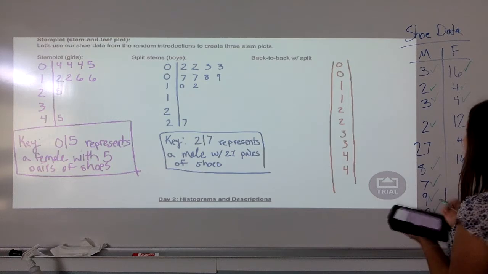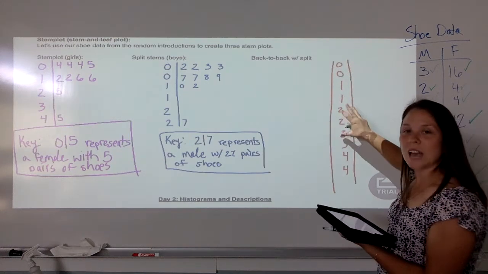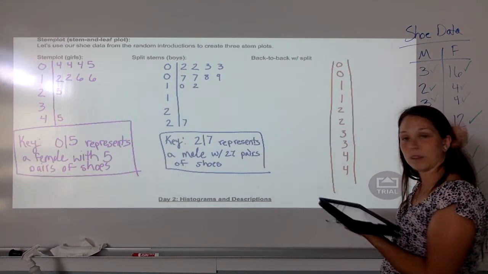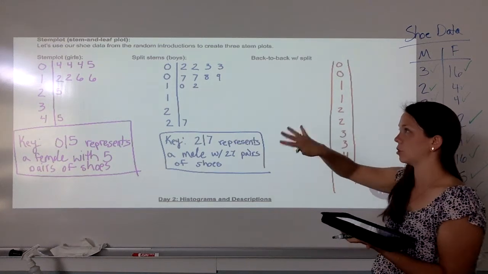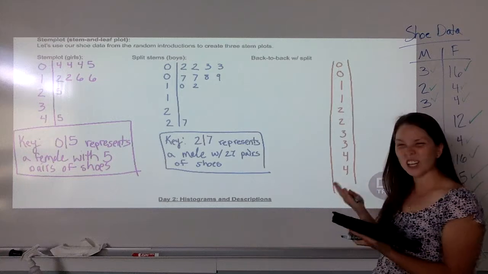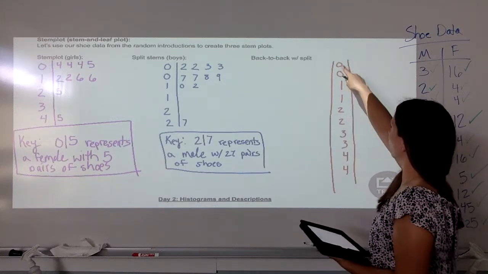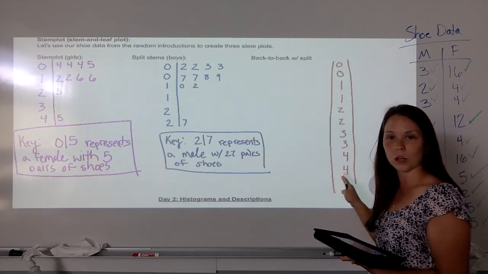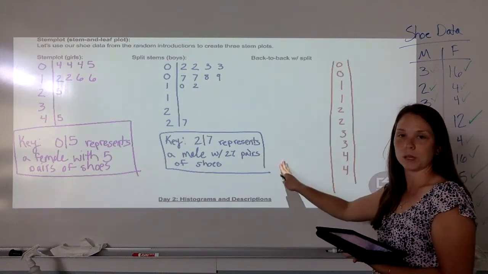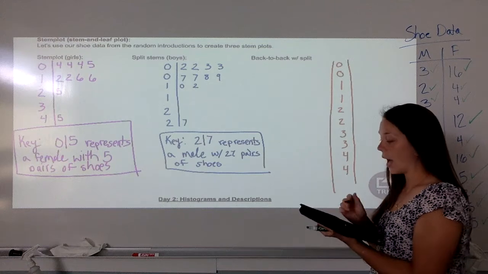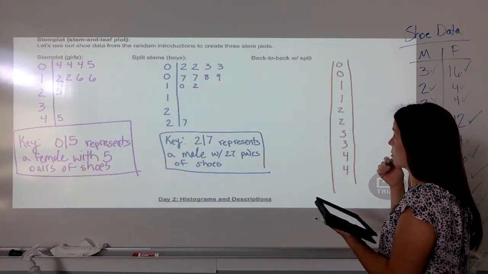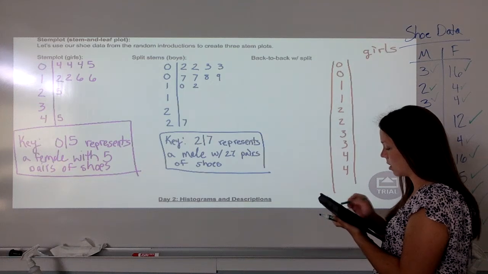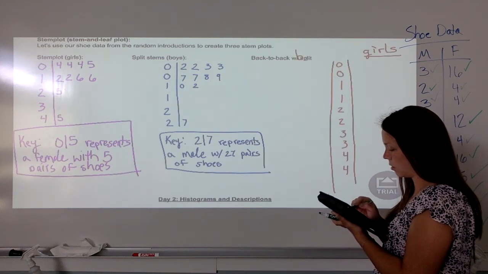With the back-to-backs, what's going to happen, and maybe you just tackled one side of this versus the other side as well, because we've done this already for the boys, so we really just have to do this for the girls as well. But it's going to look kind of odd because all of our stem pieces, all of our first digit pieces, are going to be here in the middle, and then all the second digit pieces are going to be on the left and right. I am going to label this so I know which side is which. I'm going to have this side be the girls and the left side be the boys.